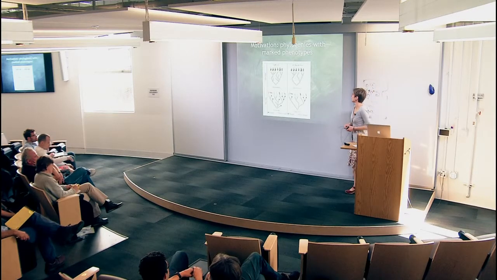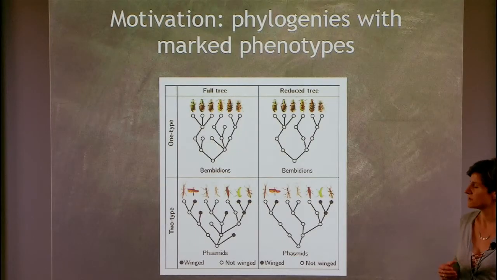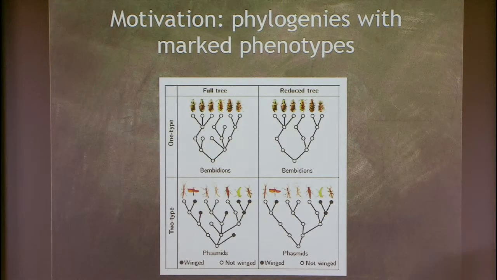So the motivation for this is doing phylogenies with different phenotypes. You imagine a finite number of phenotypes that you're interested in studying and trying to figure out a phylogenetic tree on these different types.